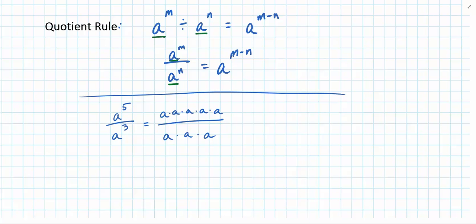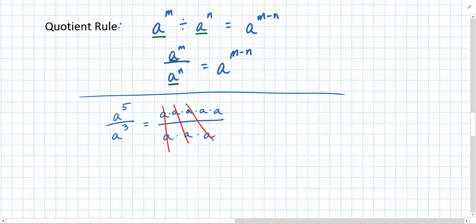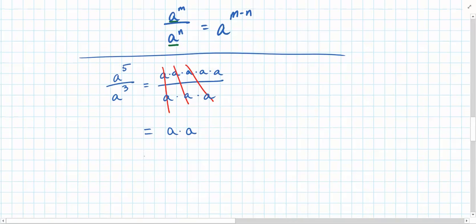And you should recognize that when two products are being divided by one another, their factors can cancel as long as we have a match from the numerator to the denominator. And in this case, 3 pairs of our a values cancel each other out. That leaves us with a times a, which is also a to the 2nd power. Or in other words, a to the power 5 minus 3.